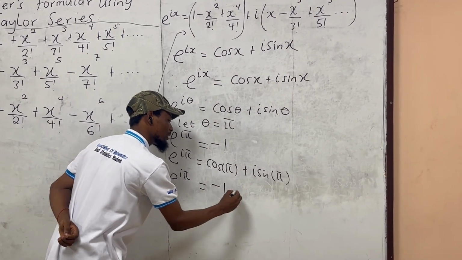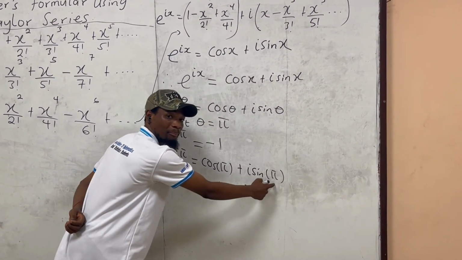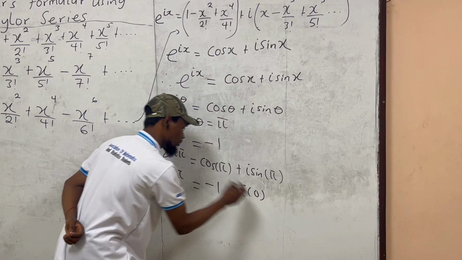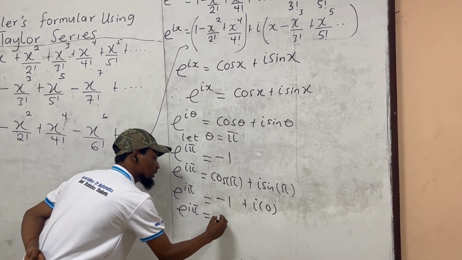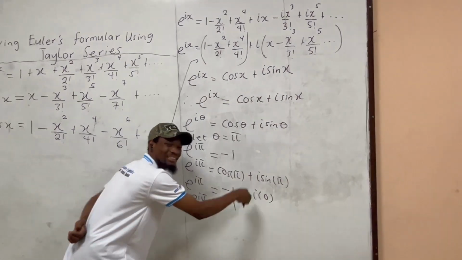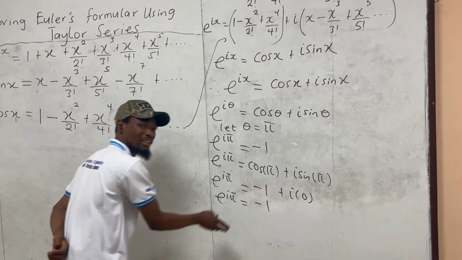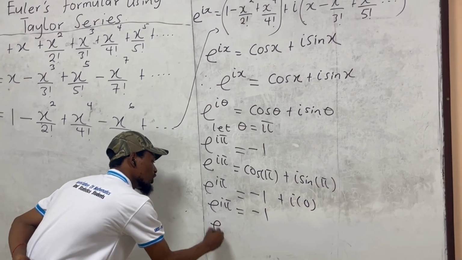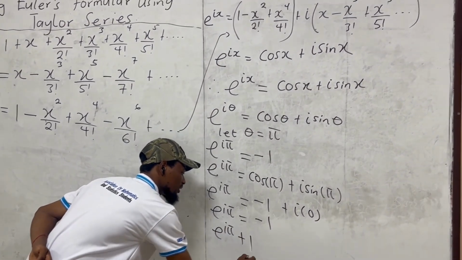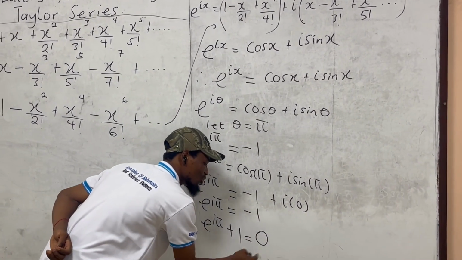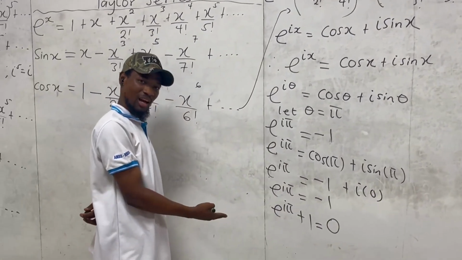I have negative 1, then plus i sine pi, which is 0. So I have e to the power i pi is equal to negative 1 plus 0, which is this. Now this is the same as e to the power i pi plus 1 is equal to 0. You get it that way?